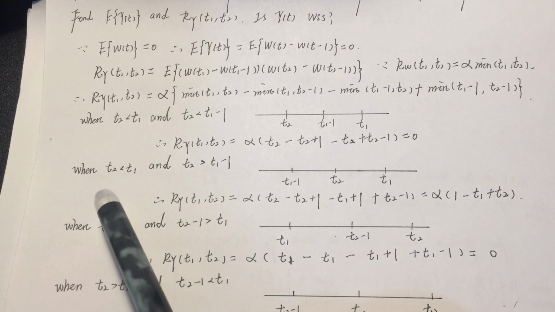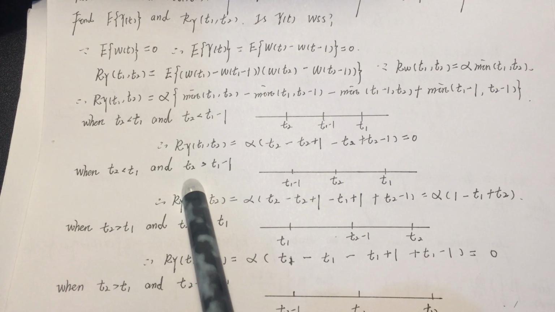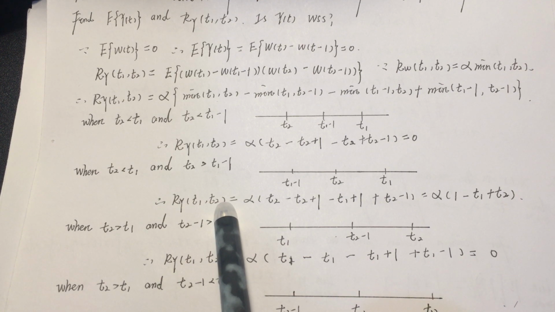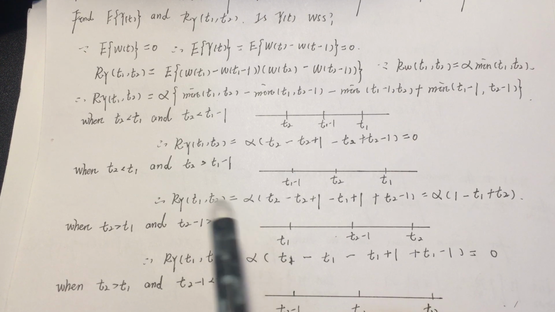In the second case, if t2 is less than t1 and t2 is bigger than t1 minus 1, we can expand the above equation into alpha multiplied by 1 minus t1 plus t2.